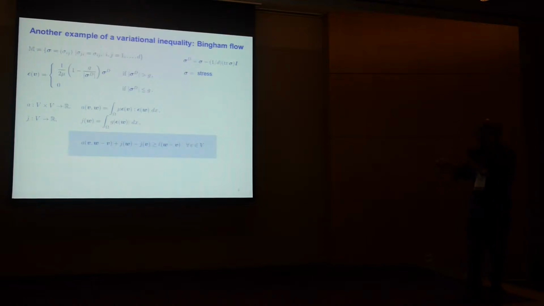Now, it takes some work to go from all of this together with the equation of motion to the variational problem. But the important thing about it is that I've got a simple looking bilinear form here, more or less as before. But now I have a function here, g. The integrand is g times the magnitude of that strain, the magnitude of the symmetric gradient, which is not differentiable at the origin.